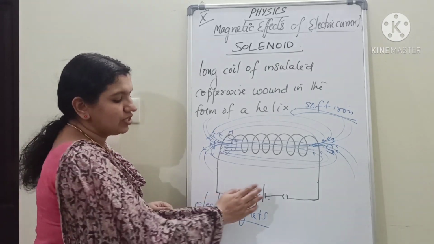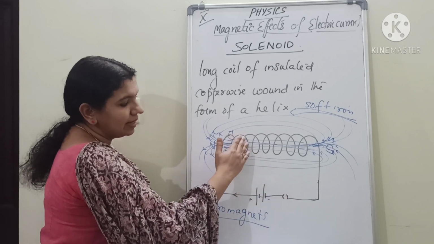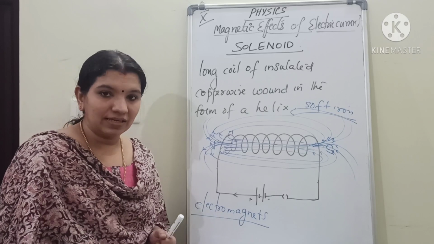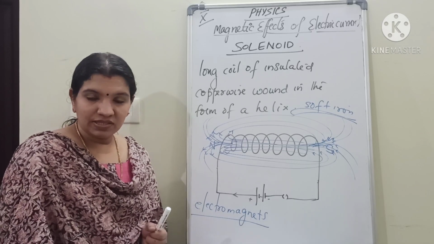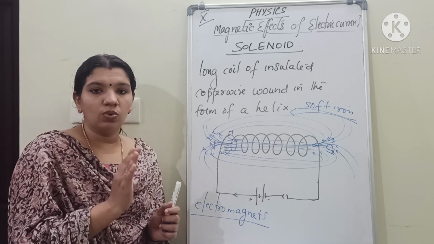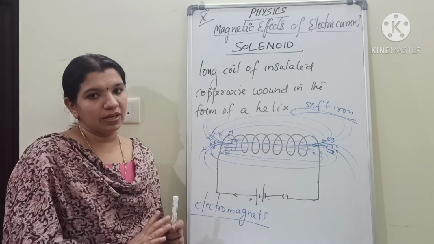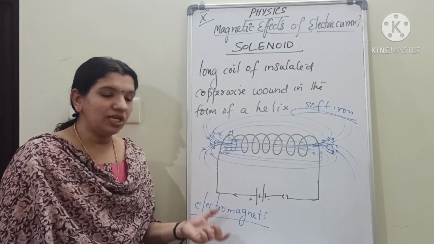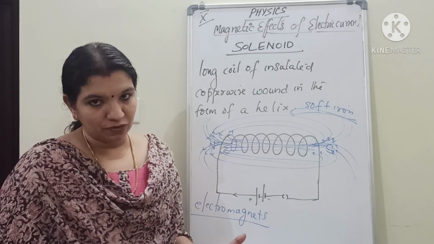Understand? When I switch it off, what will happen? As the magnetization will stop, it will be demagnetized. It will come back to its original state, how it was at first. So, electromagnets work on the magnetic effect of electric current.